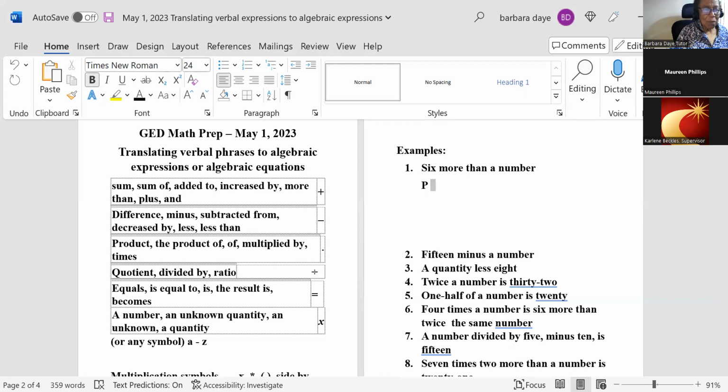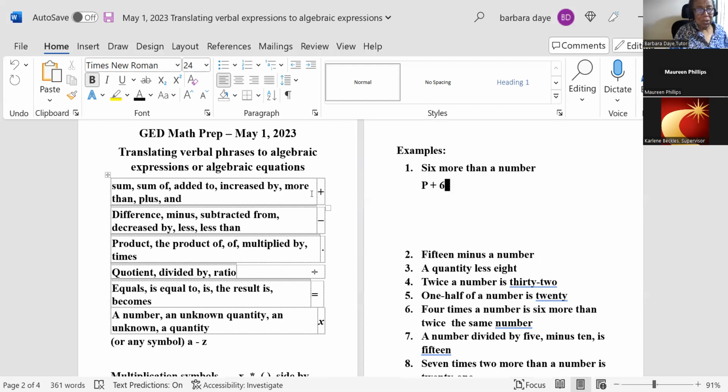No, we're not talking inequalities now, Maureen. Look back over here. More than is an add. The symbol is a plus. So this would be P plus 6. That's right. That's the answer.